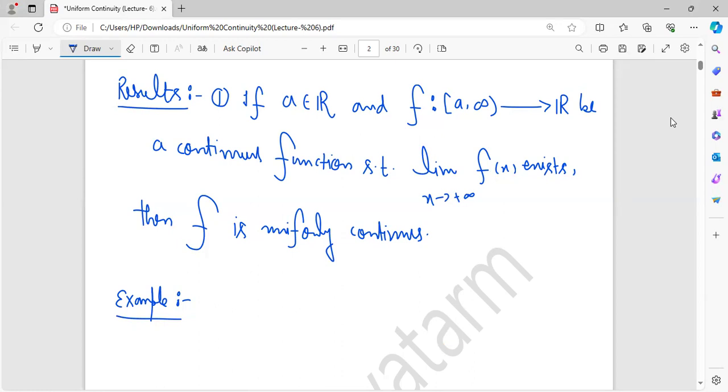So I am taking f(x) = x on [0, infinity), which is a uniformly continuous function.